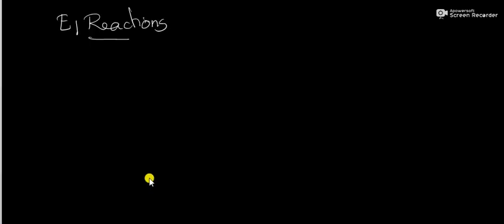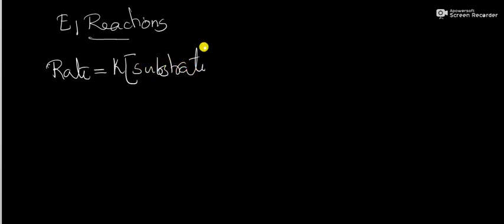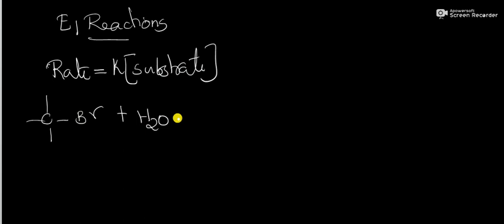Next is E1 reaction or E1 mechanism. It is called a unimolecular elimination reaction. That is, the rate of the reaction depends only on the concentration of the substrate. For example, this is a tertiary halide which reacts with water.